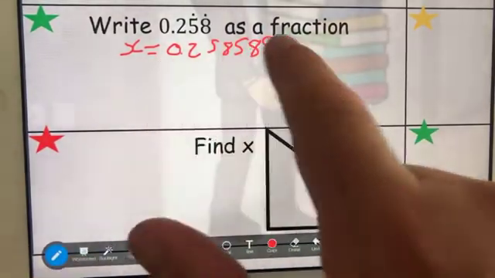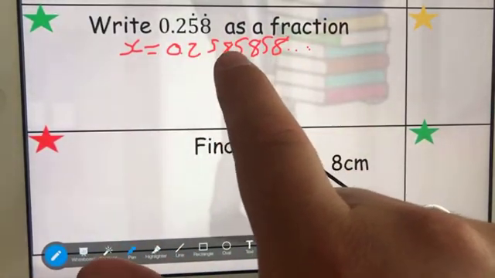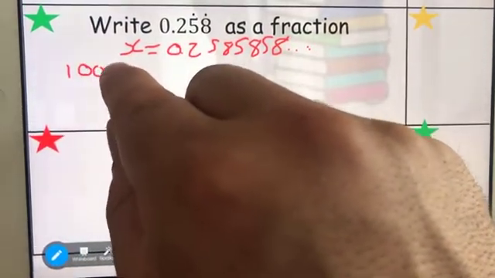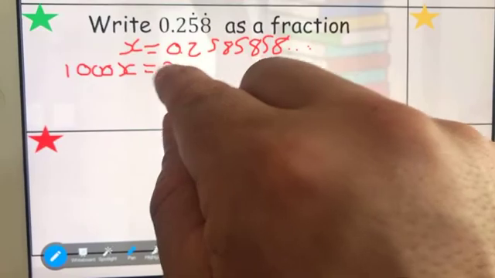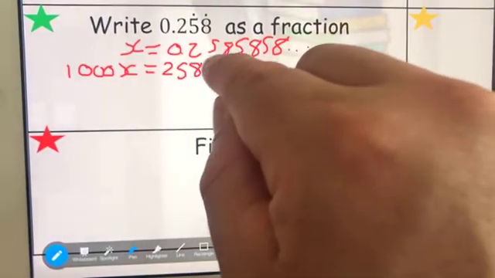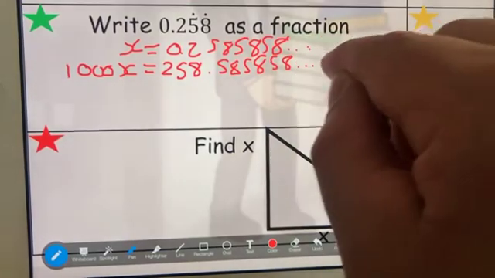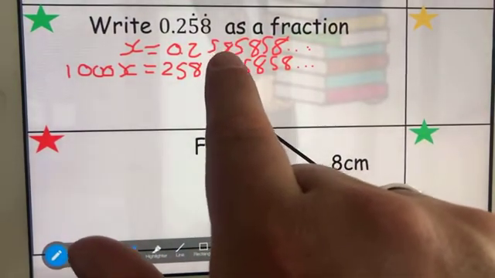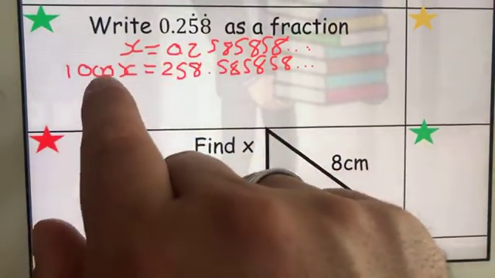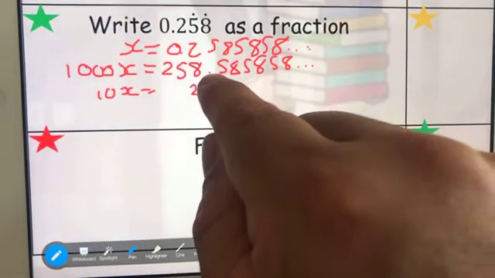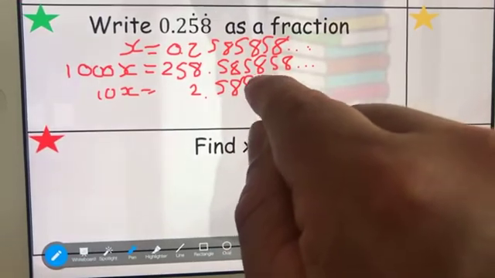I'm going to try and get both recurrent digits over the decimal point first. To do that, I'm going to times by 1,000. So 1,000x equals 258.5858. Then I'm going to times by 10 to get the first recurrent digit next to the decimal point. 10x equals 2.5858.